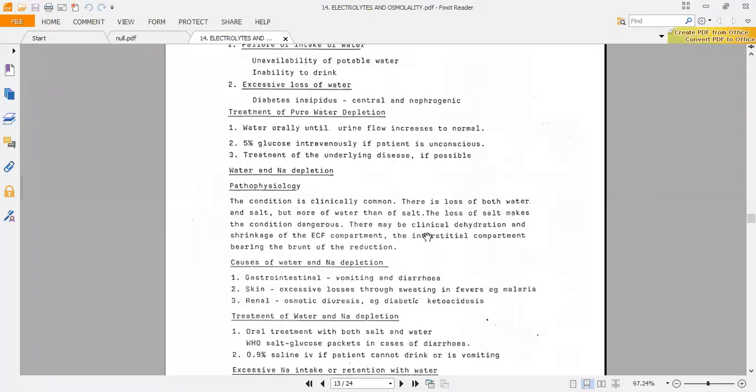So if I am sweating and I'm not losing a lot of water, but I'm losing a lot of sodium, then I'll get hyponatremia. But if I'm sweating and I'm losing a lot of water as compared to sodium, then I'll get hypernatremia. Okay, good.